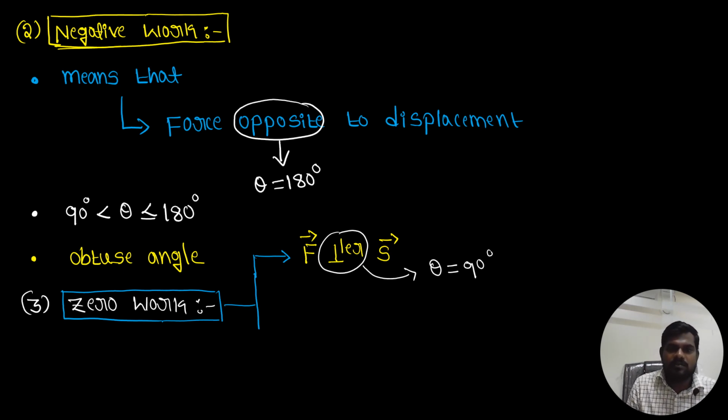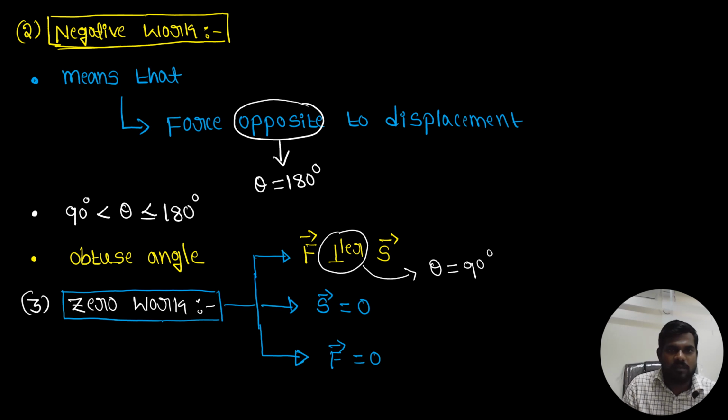Second condition is when displacement is equal to zero. For example, when you apply force on a wall, but the wall is not moving, displacement will be zero in that case. And the third condition is force equal to zero. If you do not apply any force on the block or body, the body is not moving, then the work done is zero.